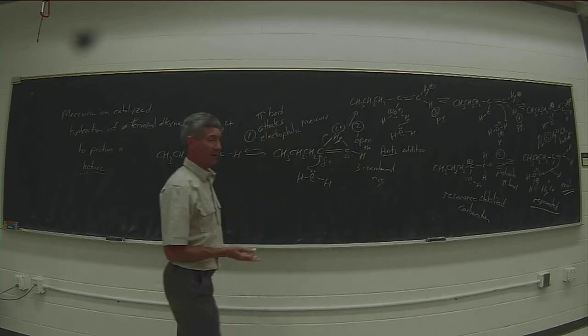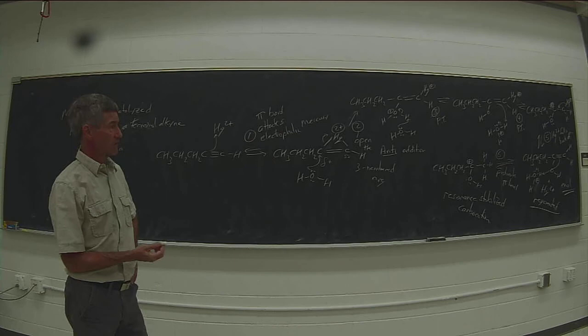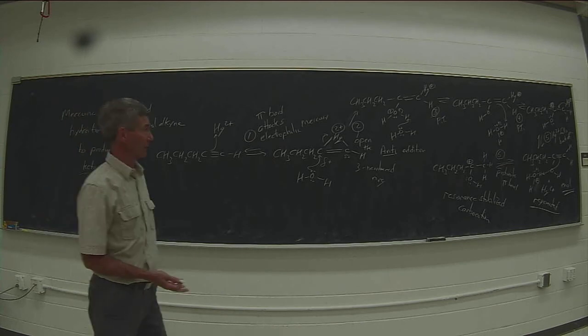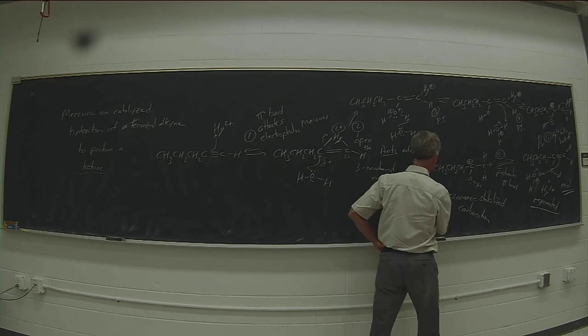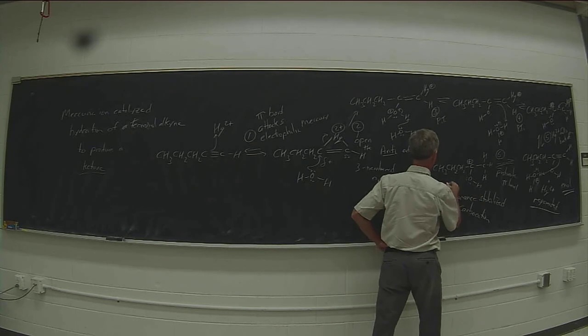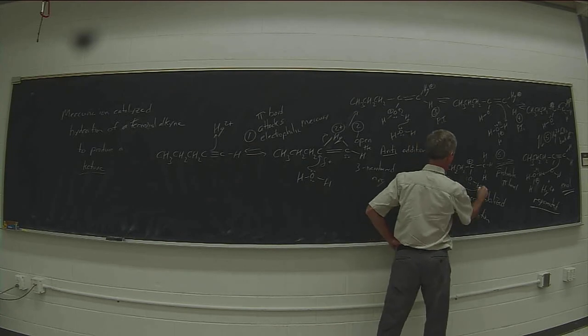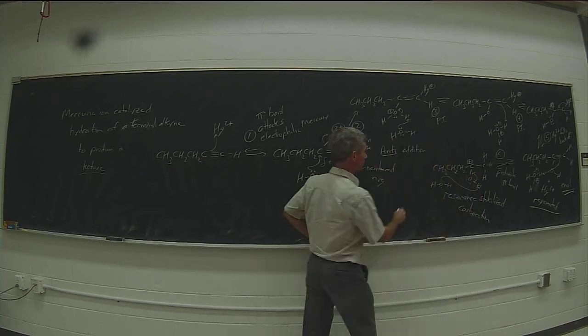So the intermediate after step 4 looks a lot like the intermediate after step 6. All we have to do now to get our ketone product is remove the proton from the oxygen and push the pair of electrons back in to form the double bond.